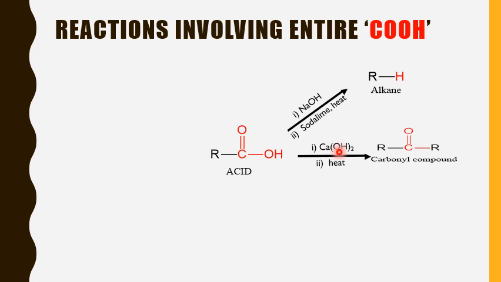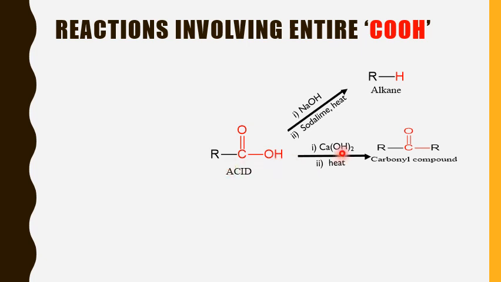That means when you want a calcium salt of carboxylic acid, you have to react it with the alkali of calcium, that means calcium hydroxide. So, carboxylic acid upon reaction with calcium hydroxide will produce a calcium salt of carboxylic acid, or I can say calcium carboxylate.